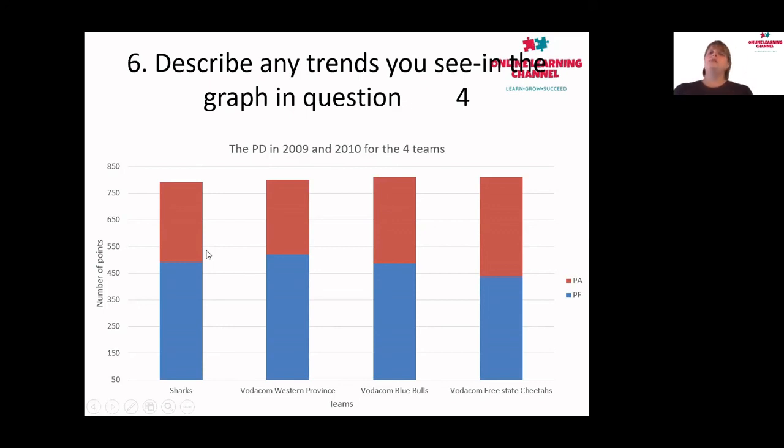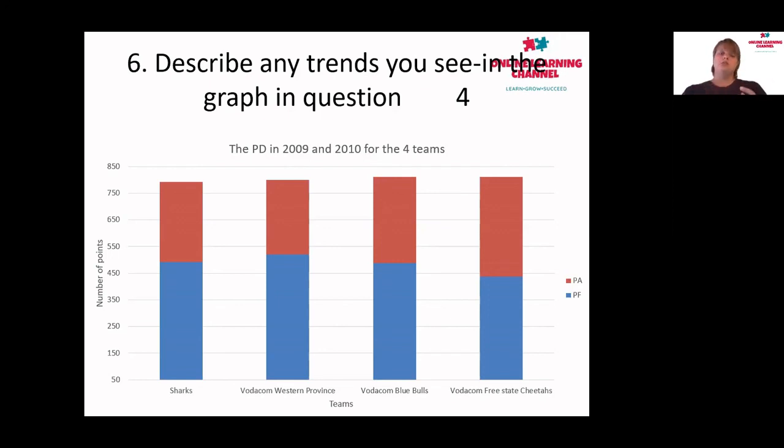So the comments that you will make here on the trends will be something like: the overall tendency is there's quite a balance between the points against and points for the team. You can also say that overall these four teams seem to play exactly the same.